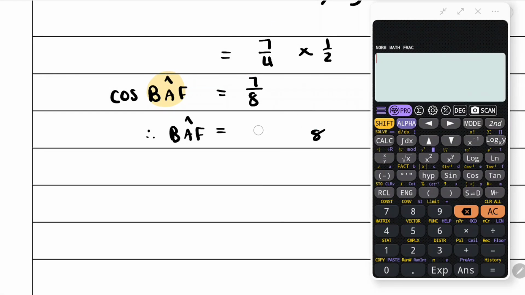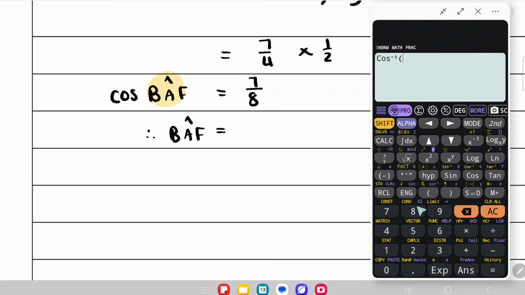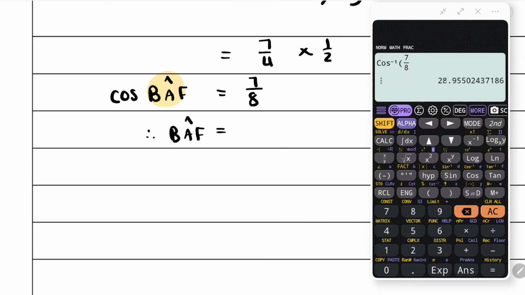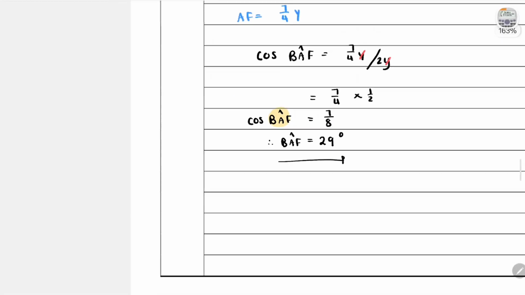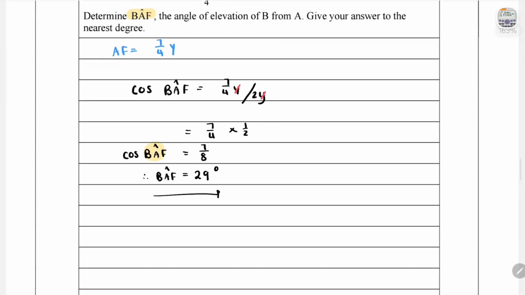So on the calculator, if you say shift cos 7 over 8, and we need to round off to the nearest degree, so the nearest whole number. That 9 is going to round up, and that's going to add a 1 to the 8. So this is simply 29 degrees, and that is our answer. And that is it for question 7.